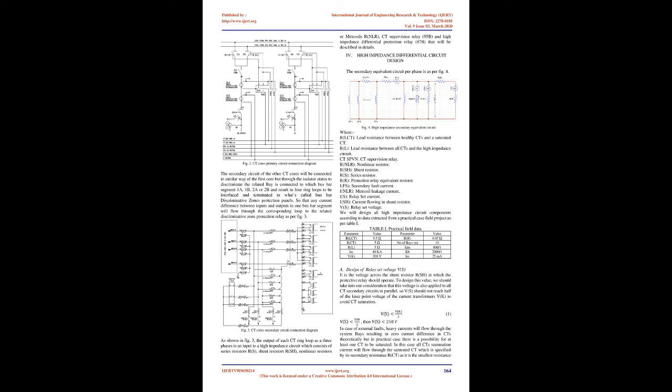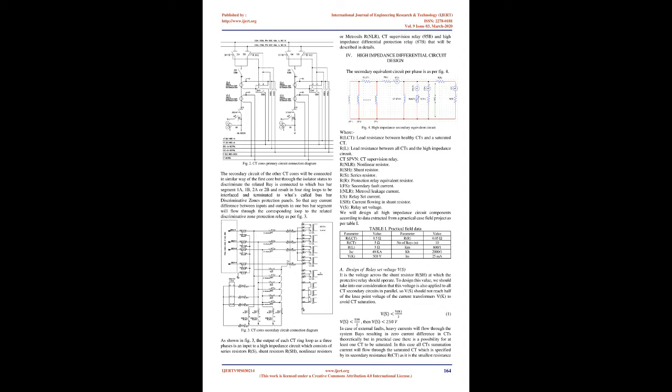The secondary circuit of one CT core in a bay will be connected directly in parallel with the corresponding bay's CT cores in the same direction and polarity to result in one loop with 2 ends to be connected together as a ring to ensure reliability if any cut occurred in between, and to be interfaced to what's called the busbar check zone protection panel, so that any current difference between busbar as a single piece inputs and outputs will flow through the loop to the check zone protection relay. Fig 2. CT cores primary circuit connection diagram.